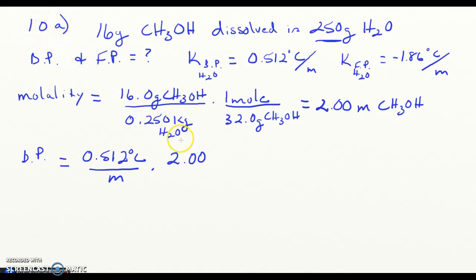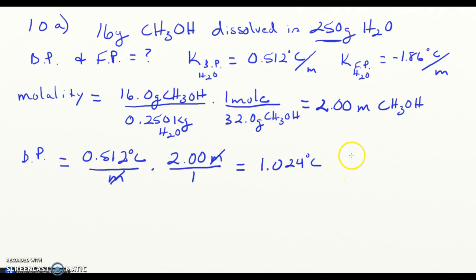All right, so now we have 2.00 molal, and the molalities cancel out, so it'd be 0.512 times 2. What is that? 1.024, is that what it is? 1.024 degrees Celsius.